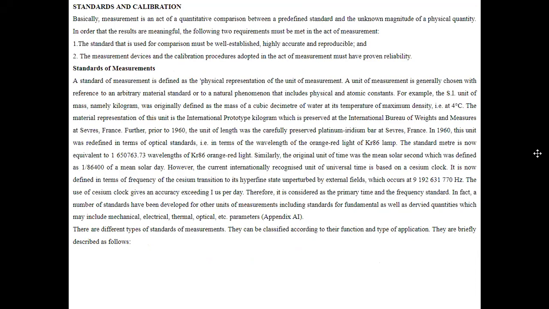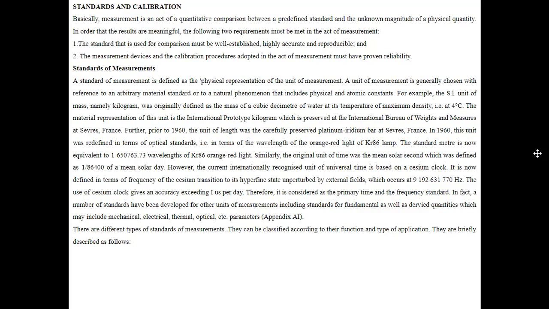In order that the results are meaningful, the following two requirements must be met in the act of measurement. First, the standard that is used for comparison must be well established, highly accurate and reproducible. And second, the measurement devices and the calibration procedures adopted in the act of measurement must have proven reliability.